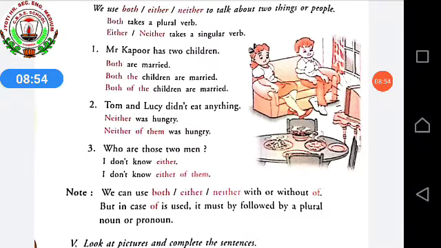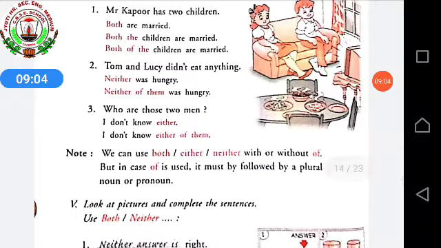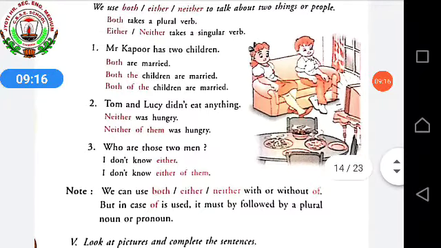The note is given over here. We can use both, either, neither with or without of. But in case of is used, it must be followed by a plural noun or pronoun. You know noun and pronoun, right? So if you are using of, it should be followed by a plural noun or pronoun. Like see, this one.